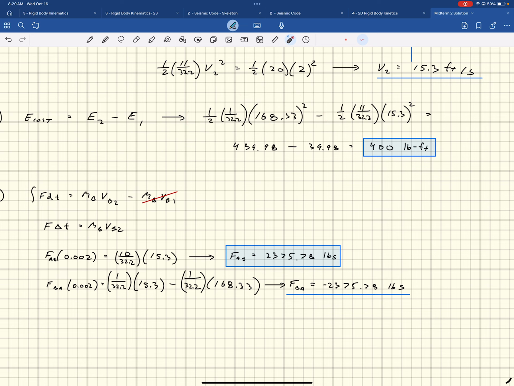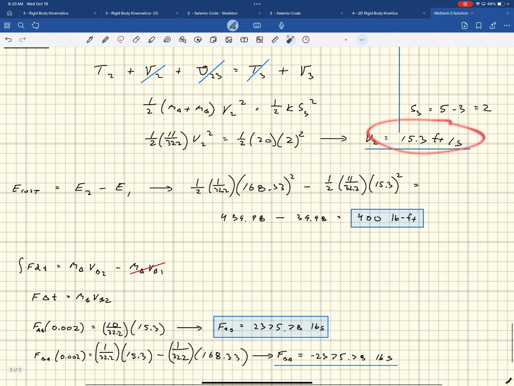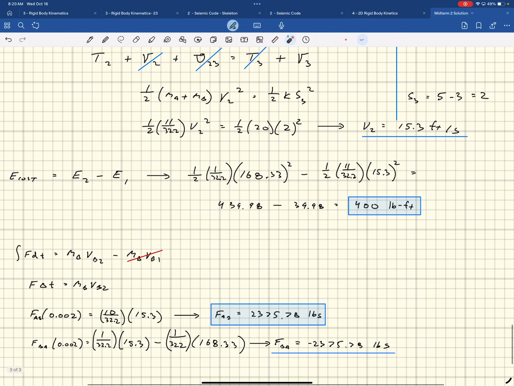And then the energy after the collision, I went with velocity 2, 1/2 mv squared, right? You could also do 1/2 ks3 squared, either one, right? Because they're equal to each other. We figured this velocity so that these two were equal to each other because the energy is conserved after the collision. And so when you calculate that out, you get 400 pound-feet or foot-pounds.